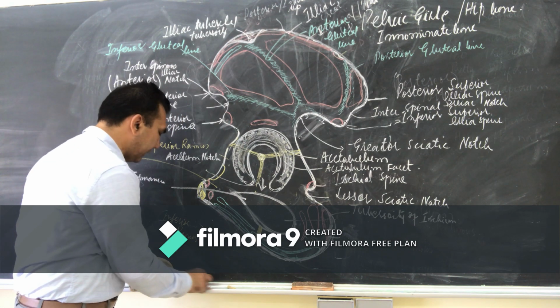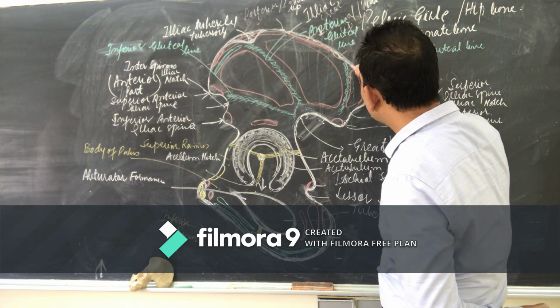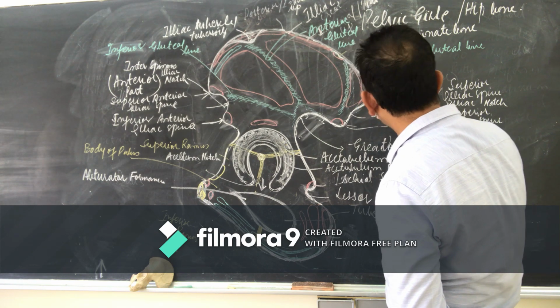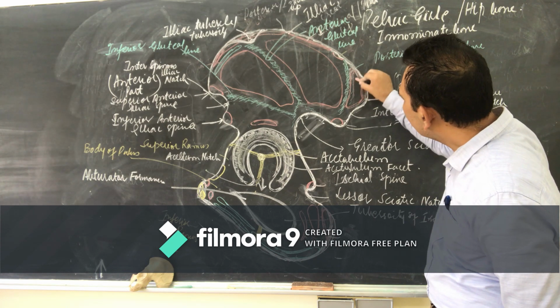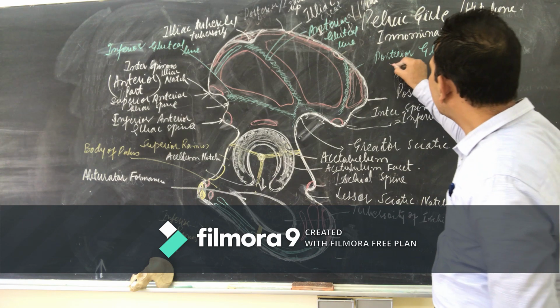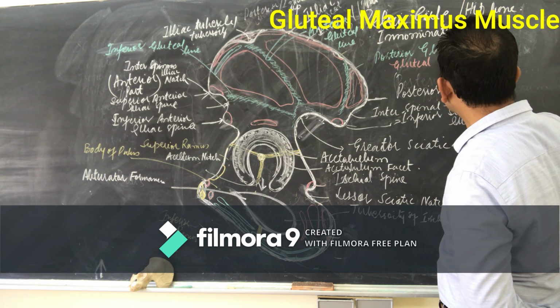Now, the area from the posterior gluteal line towards the posterior superior iliac spine is for the attachment of the gluteus maximus muscle.